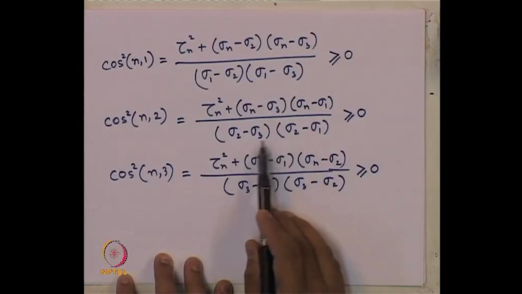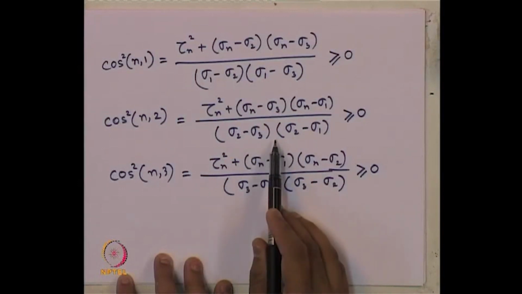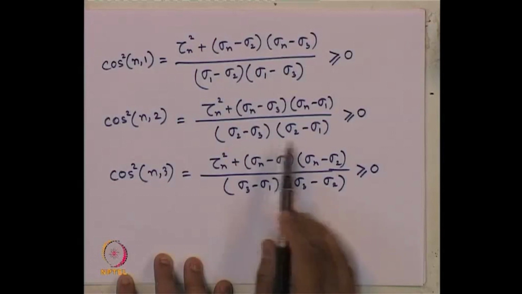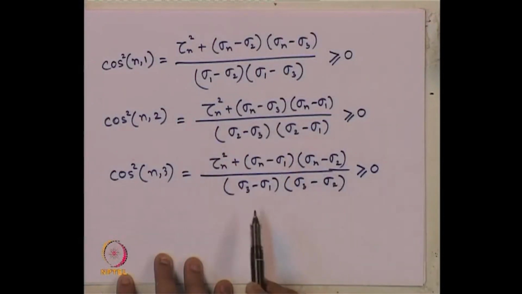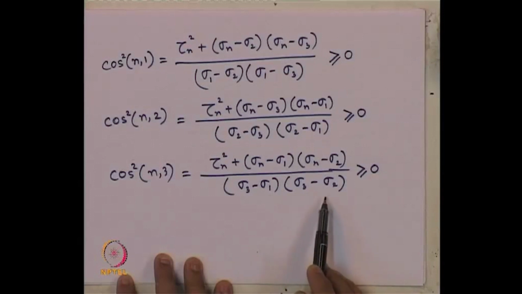So, this product is negative. Okay? So, to obtain this as positive, this also must be negative. Whereas, this one, sigma 3 minus sigma 1 will be negative, sigma 3 minus sigma 2 will also be negative, but product will be positive. So, no problem, we will get a positive.